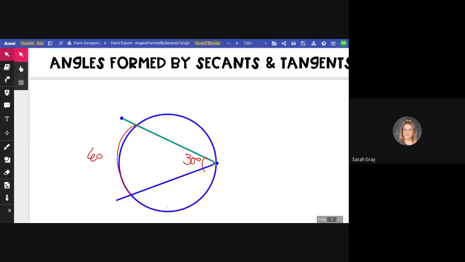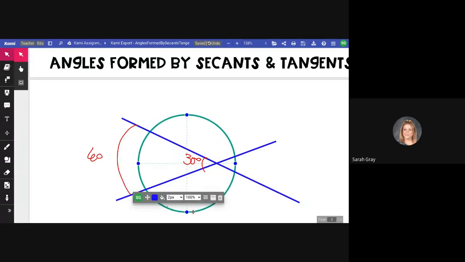I'm just going to extend these lines a little bit. So I haven't changed anything, right? Just made those lines longer. So now I'm just going to move the circle. My angle is still 30 degrees.